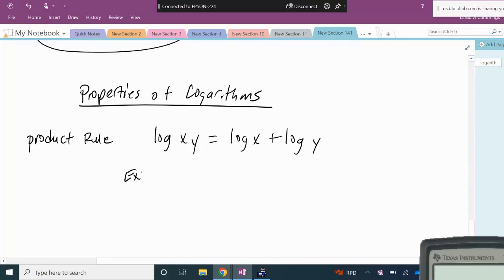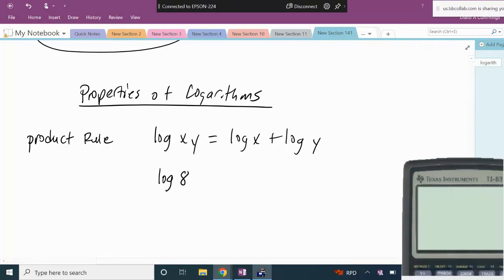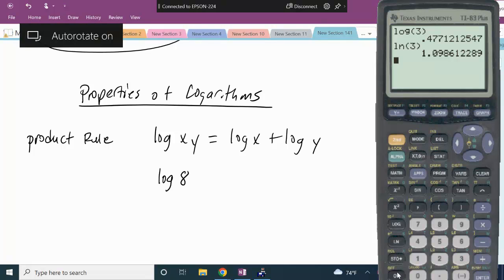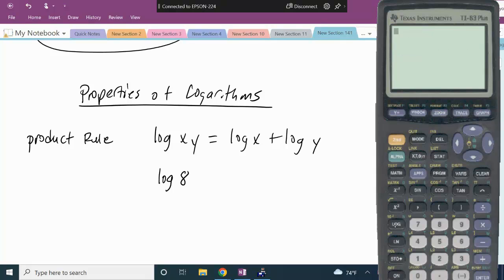So here is an example. In my calculator, we're going to evaluate the log of 8, just to put some numbers to these formulas and to show why they're true.